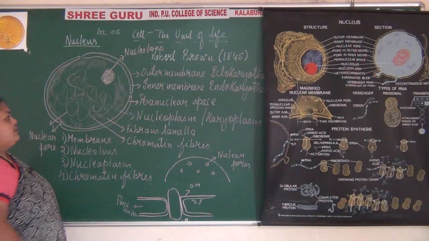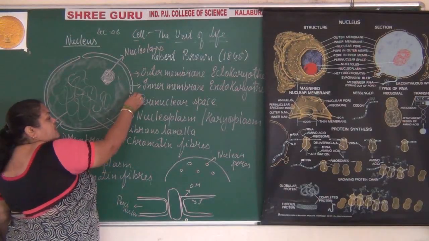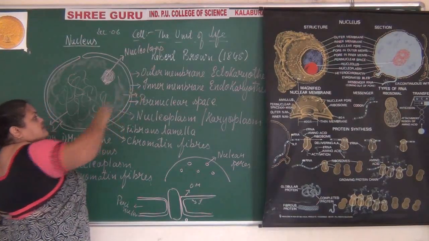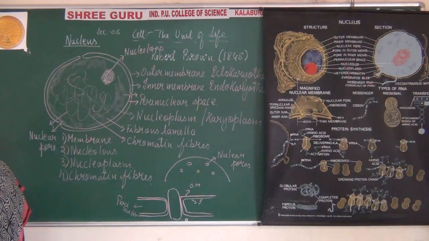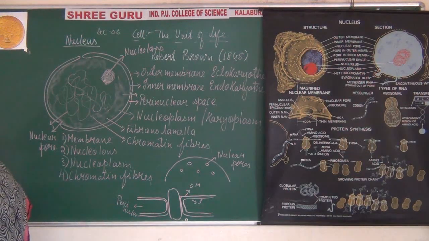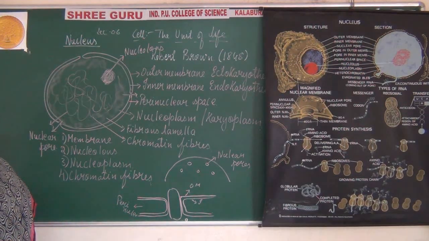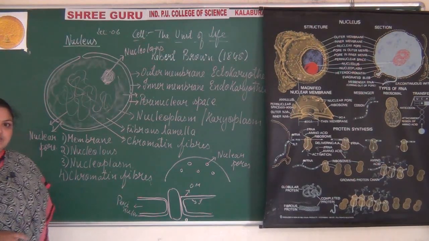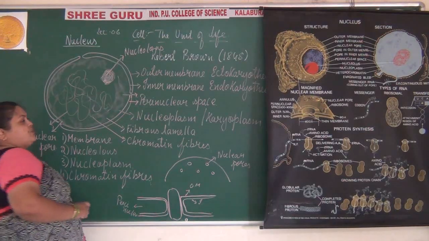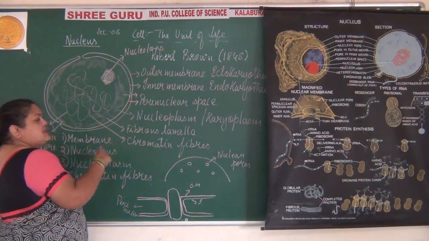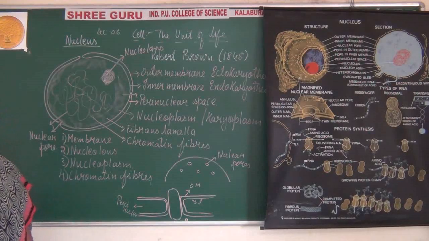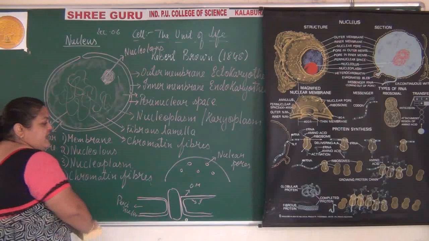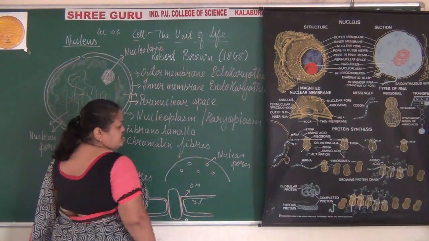In this nuclear pore, as I said earlier, it allows the exit of proteins and the ribosomes, but prevents entry of most of the substances. Or we can say that it is involved in the movement of the substances between the cytoplasm and the nucleoplasm.